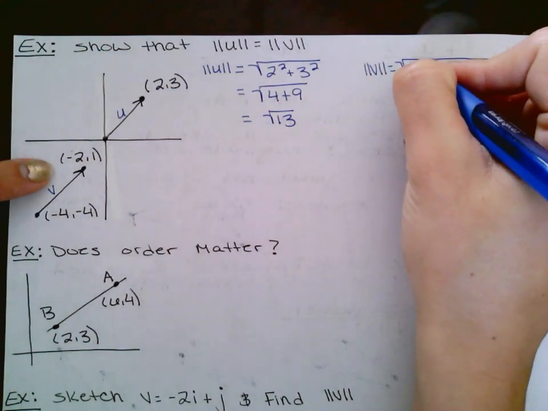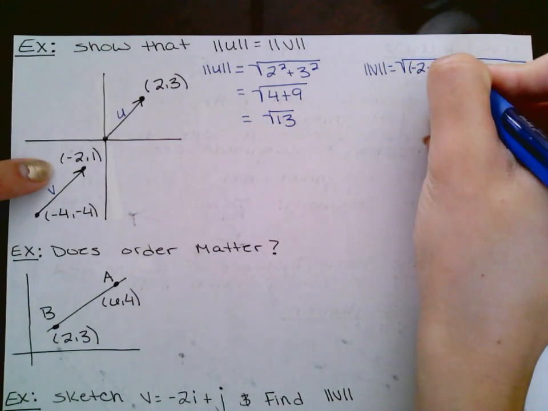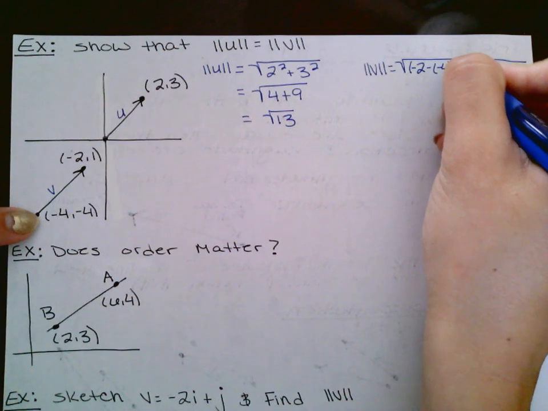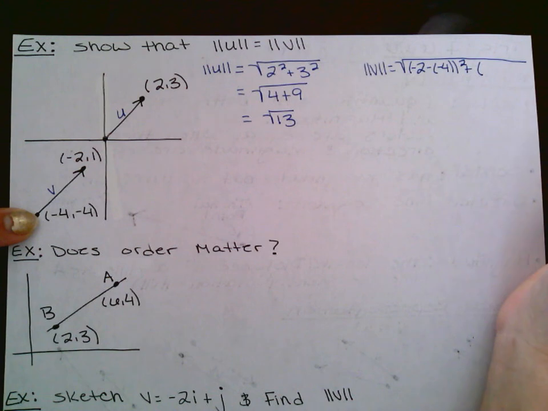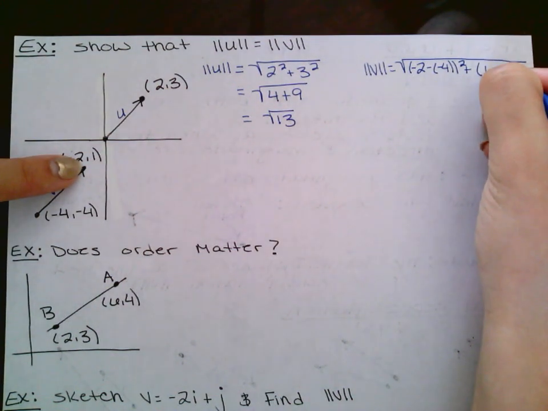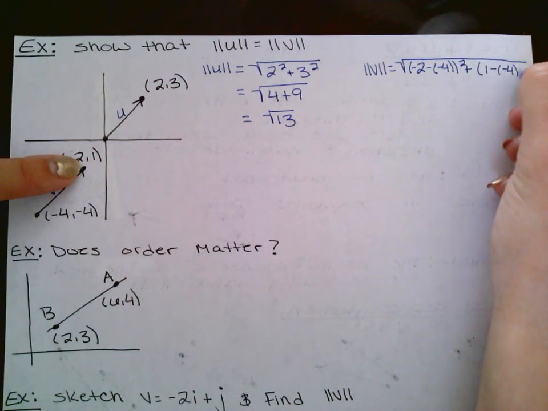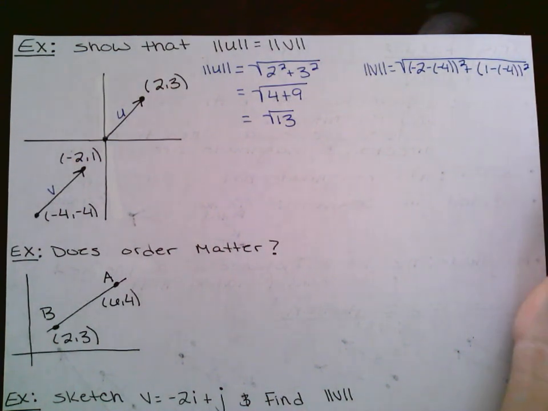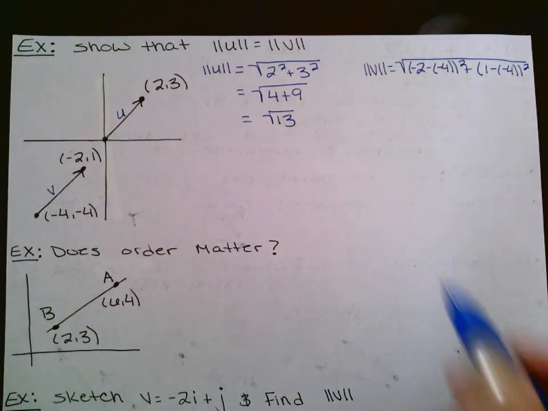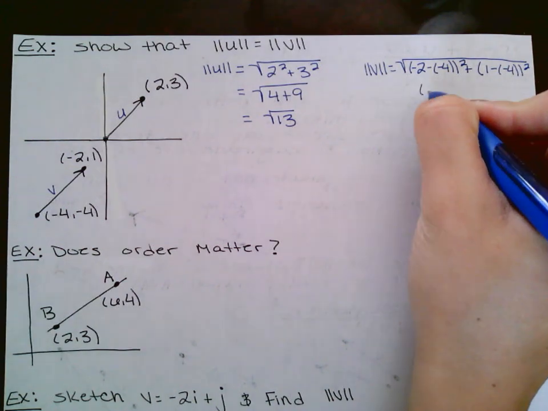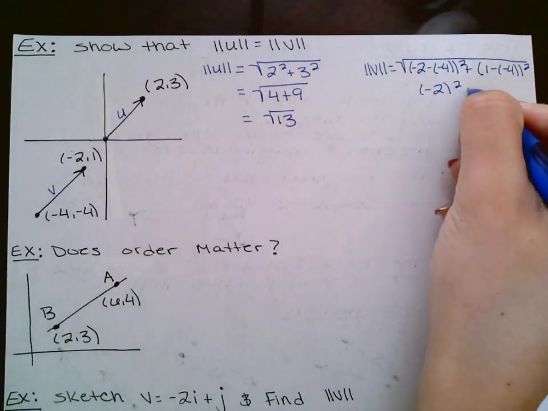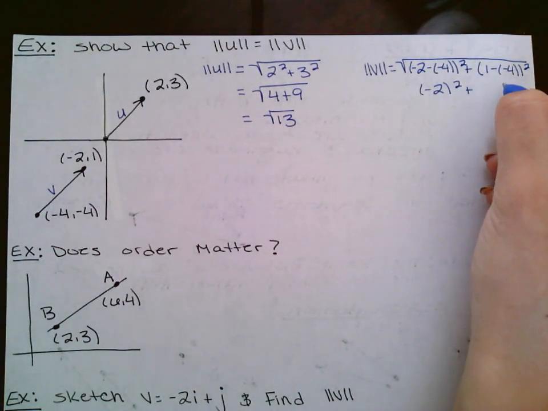I would say -2 minus a -4, squared, plus the difference in my y's, which would be 1 minus a -4, squared. Okay? These two negatives make a positive, so -2 plus 4 would give me a 2 squared, plus this would give me here, 2 negatives make a positive.